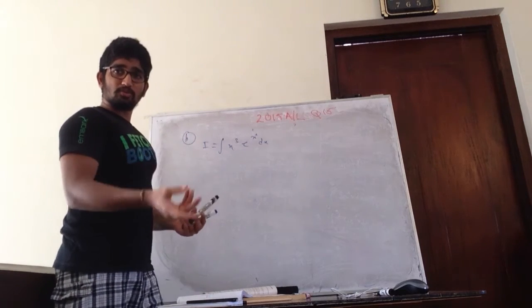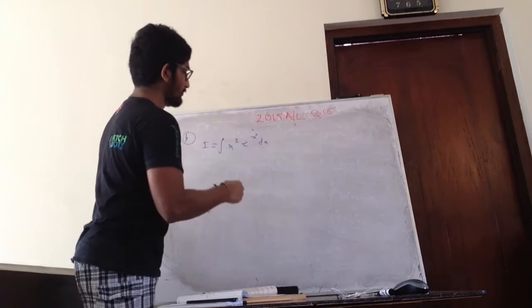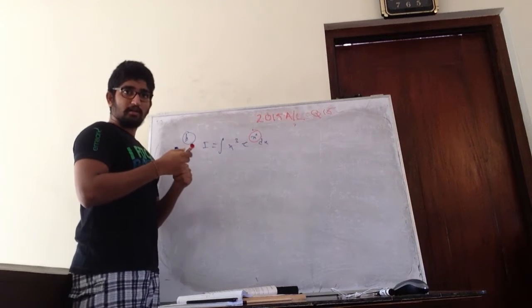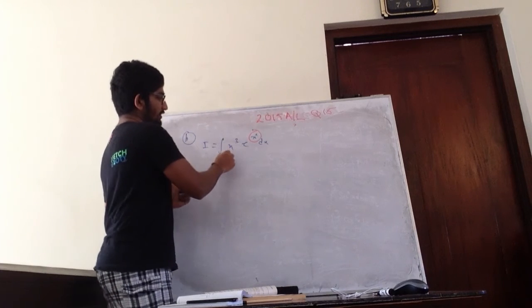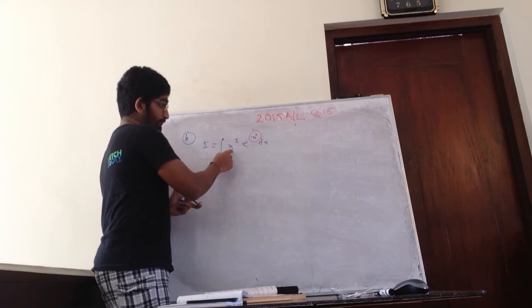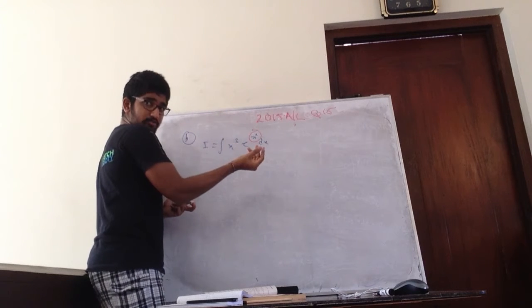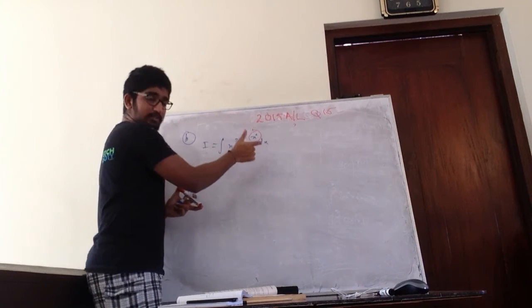Now the most suitable substitution here is to substitute y equals x squared. The reason being, you can actually write this as x squared into x. So if you differentiate x squared, you will get x dx.